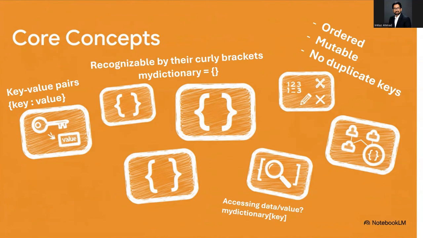They've got three golden rules. A, they are ordered. B, they are changeable. And C, they do not allow duplicate keys. And when you need to grab some data, just use the key inside of the square brackets. If you can remember these few things, you have truly mastered the essence of Python dictionaries.